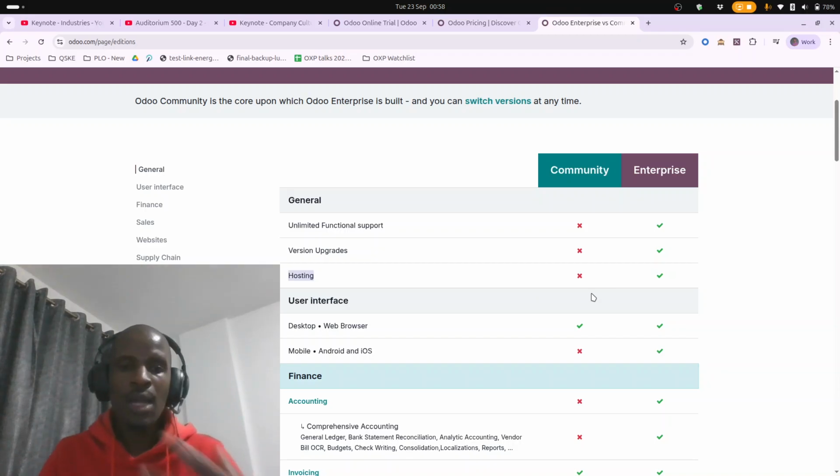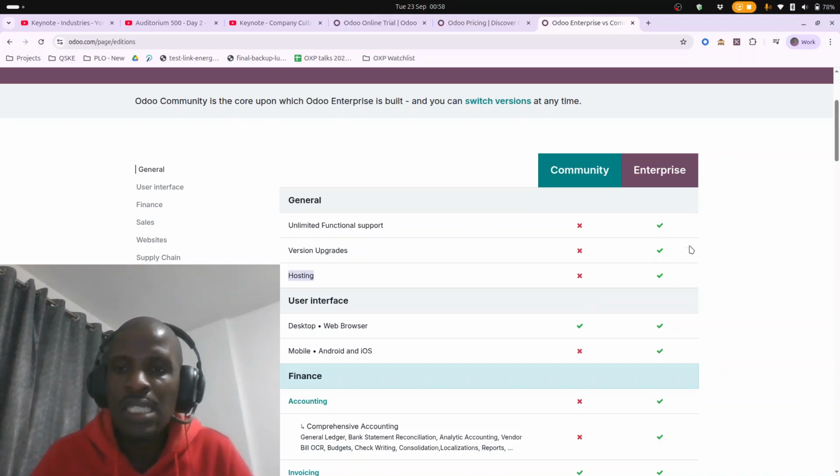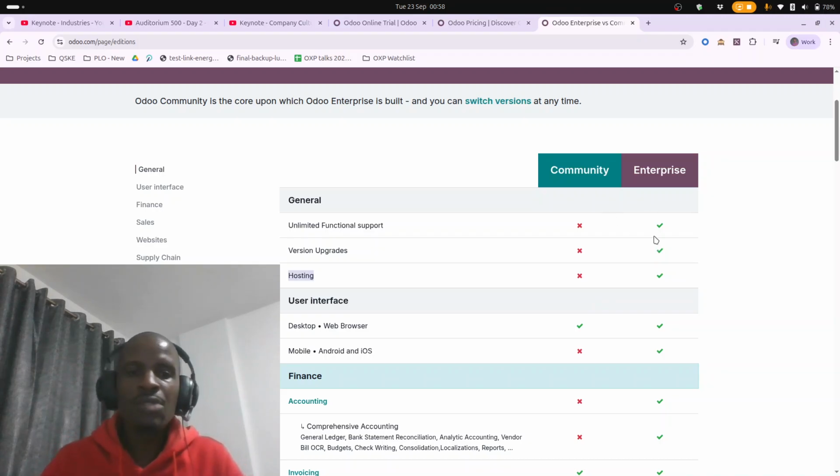It is free. You can download and install it, but you do have to either install it on your own local machine or set up a server online or otherwise and install it. But with Odoo Enterprise, you don't have to worry about hosting, uptimes, backups, security. All that is taken care of. All you need is your browser and you can access the software.